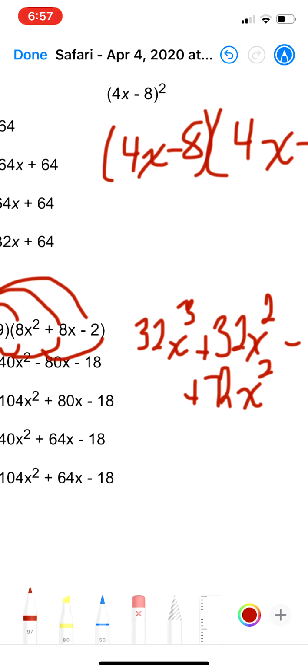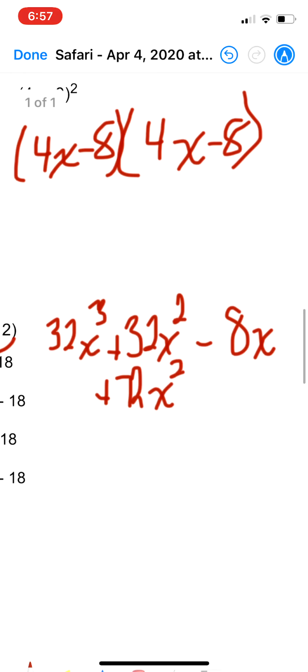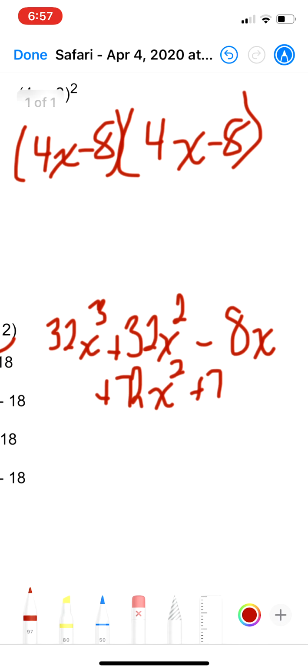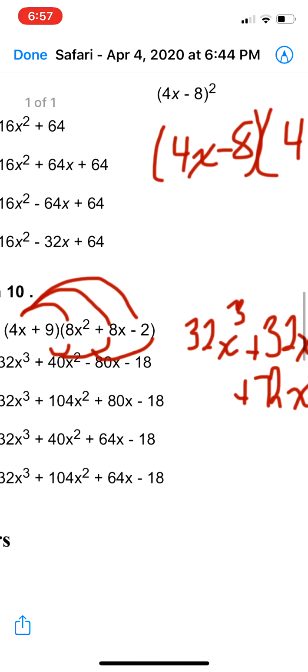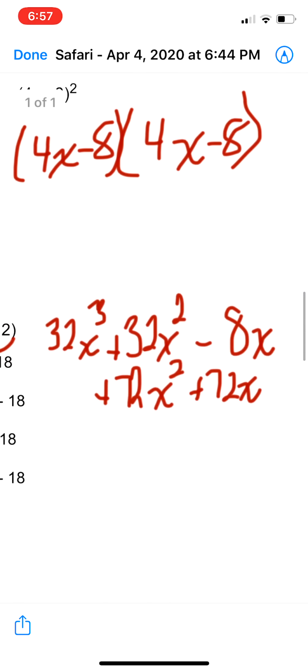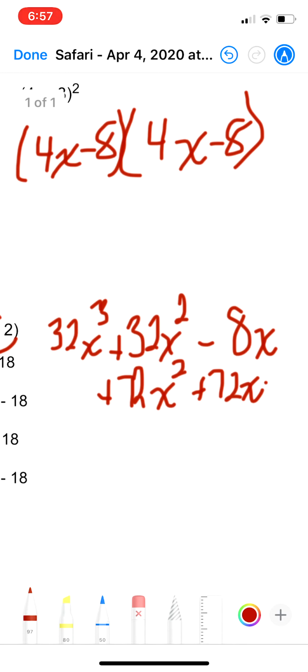And then I have 9 times 8x, which gives me 72x. So 72x should go under that negative 8x. And finally, 9 times negative 2 is negative 18, which will go over here by itself because it doesn't have any like terms. The next step is just to combine like terms.